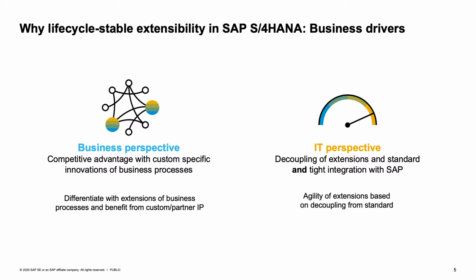On the other side, they don't want to re-implement and adapt this extension over and over again with each upgrade or update. That costs or can cost a lot of money. They don't want to do that. And these are the two forces, the business drivers you have to consider when it comes to extensibility.